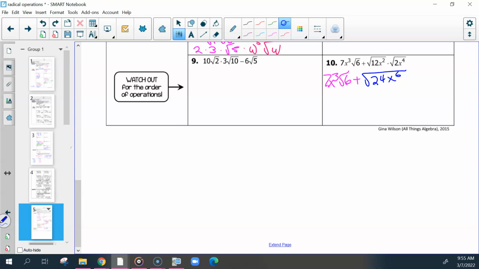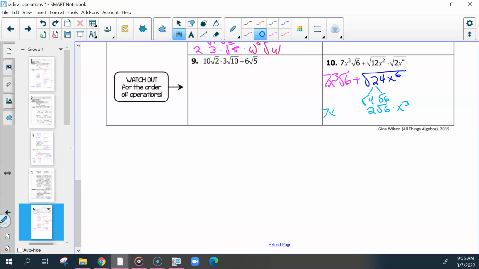So now we're going to simplify this. What is the highest perfect square we can divide out of 24? 4. So that would give us 2 square root of 6. 2 goes into 6 how many times? 3. With nothing left over.